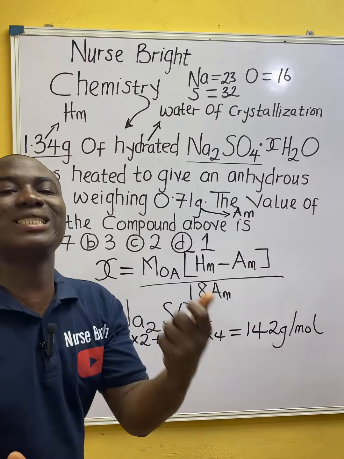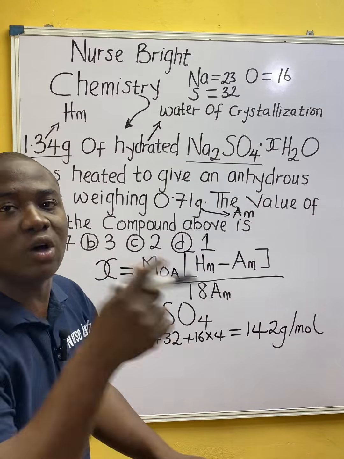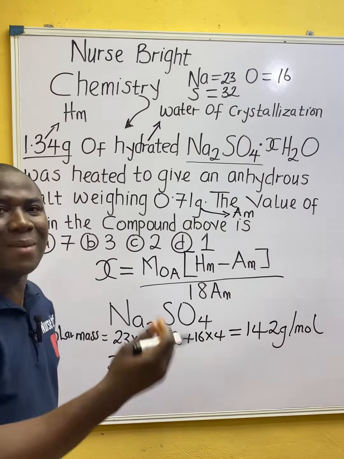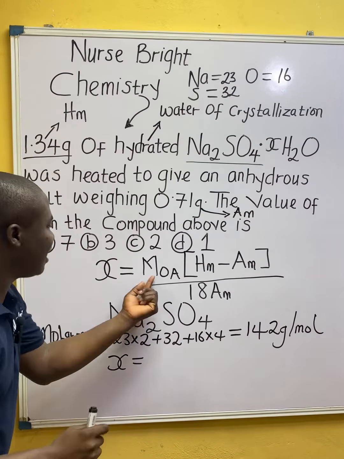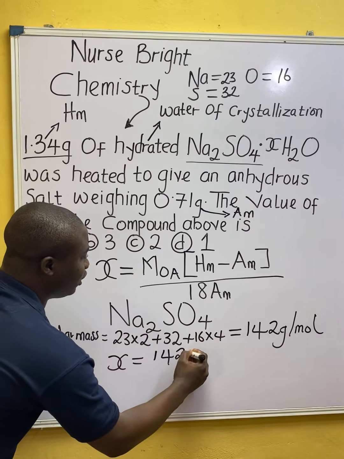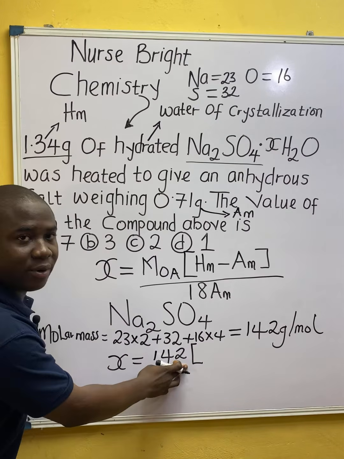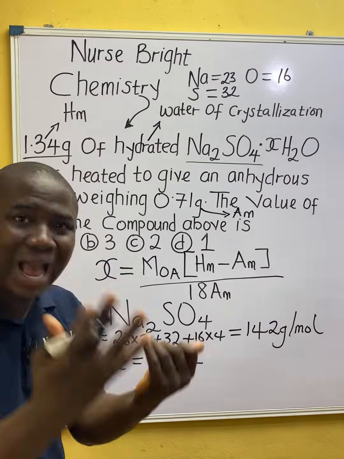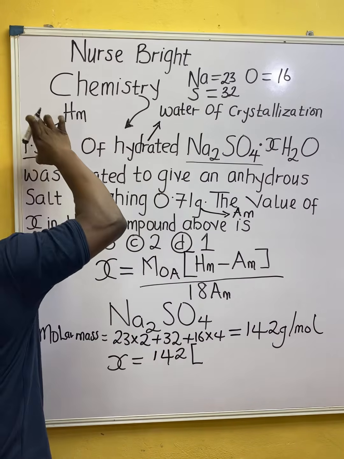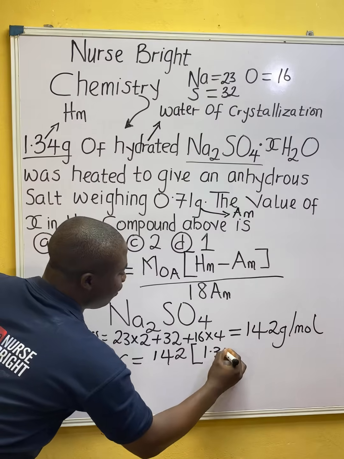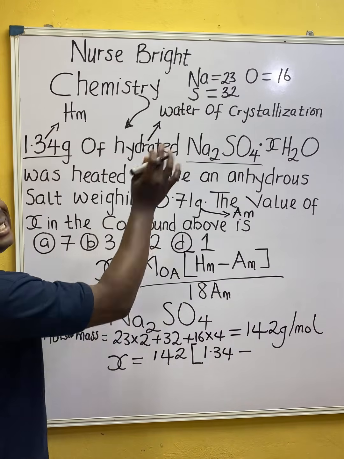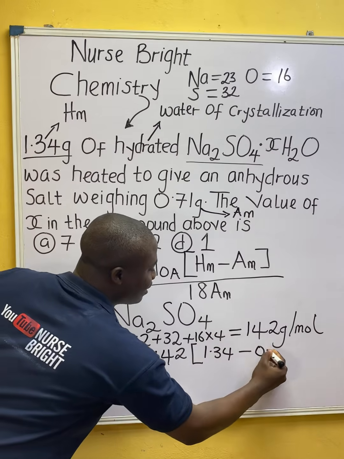So moving further, let's input all the parameters into the formula. So X becomes, what's the molar mass? Listen properly. What's the molar mass of the anhydrous compound? We've just calculated it, and it is 142. Open bracket. Remember, this open bracket means times. What's HM? It's simply the mass of the hydrated compound, which is 1.34, minus AM, the mass of the anhydrous compound, which after heating it weighs this value, 0.71.